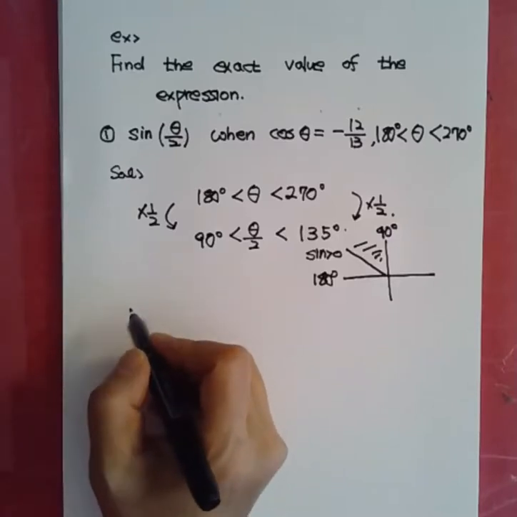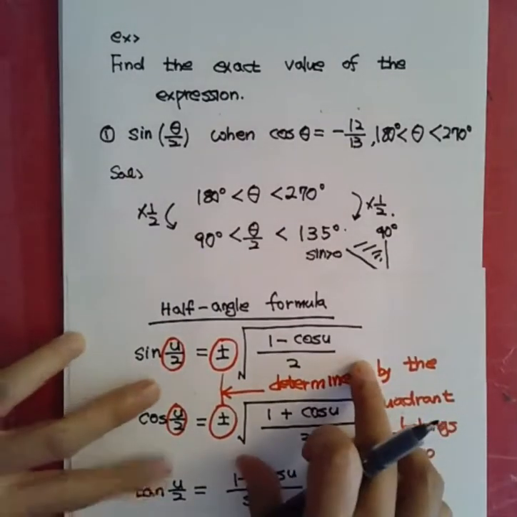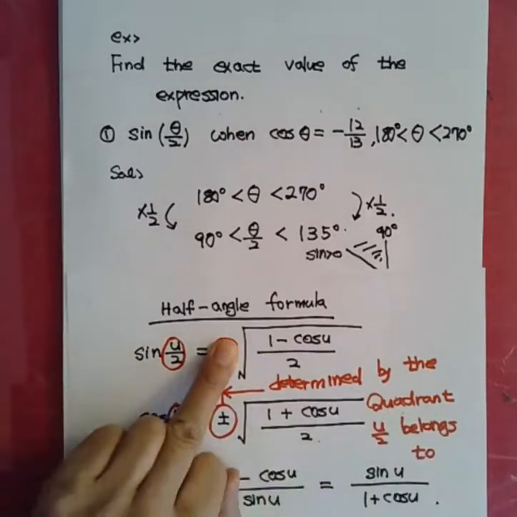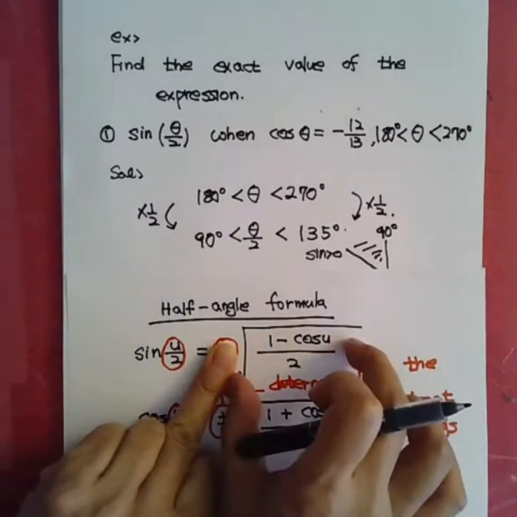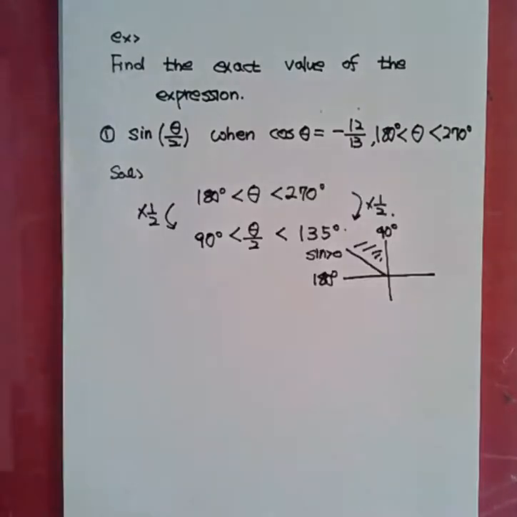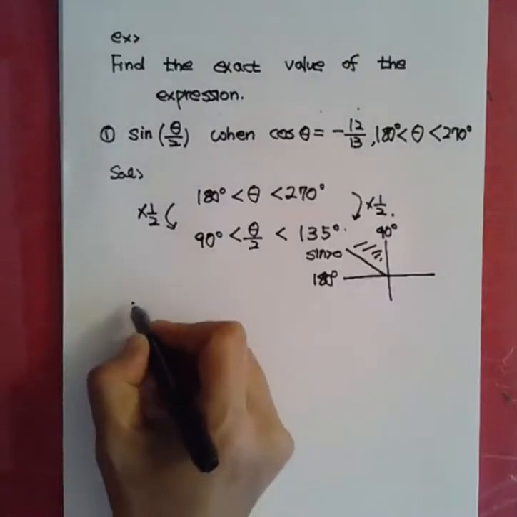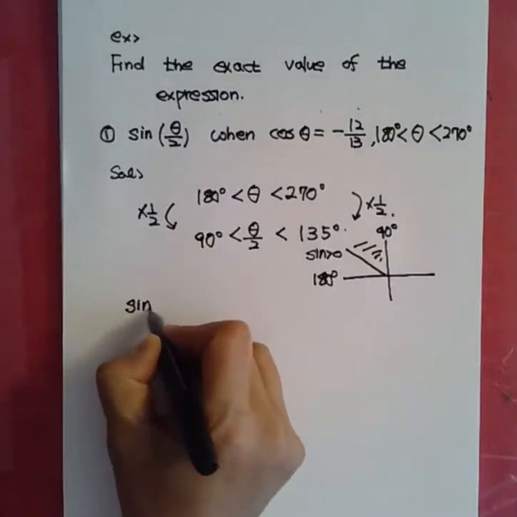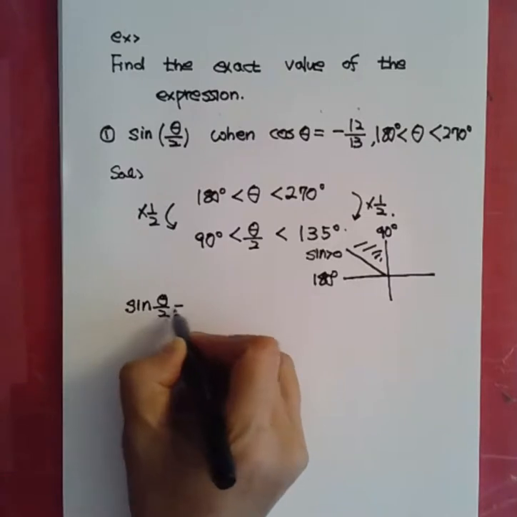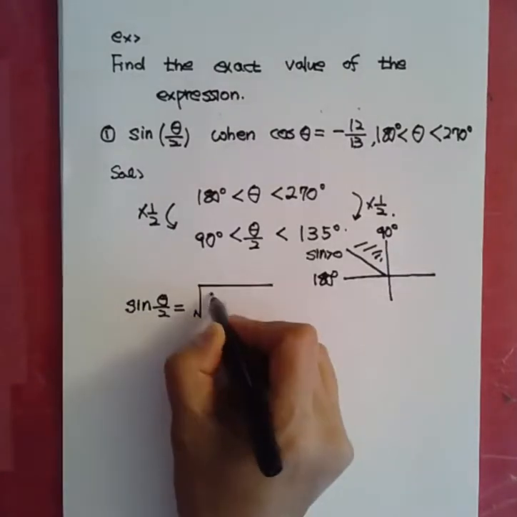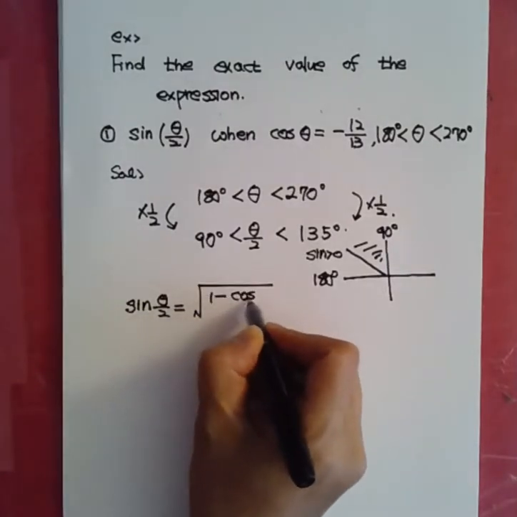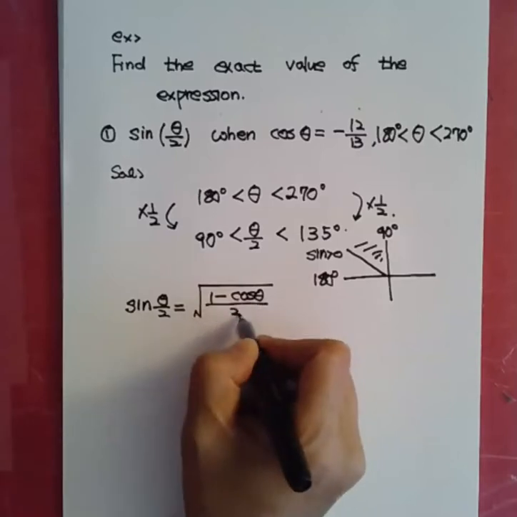So when we apply the half angle formula, we will forget the plus or minus and calculate this part. Let me write down the formula again. Sine of theta over 2 equals the square root of (1 minus cosine of theta) over 2.